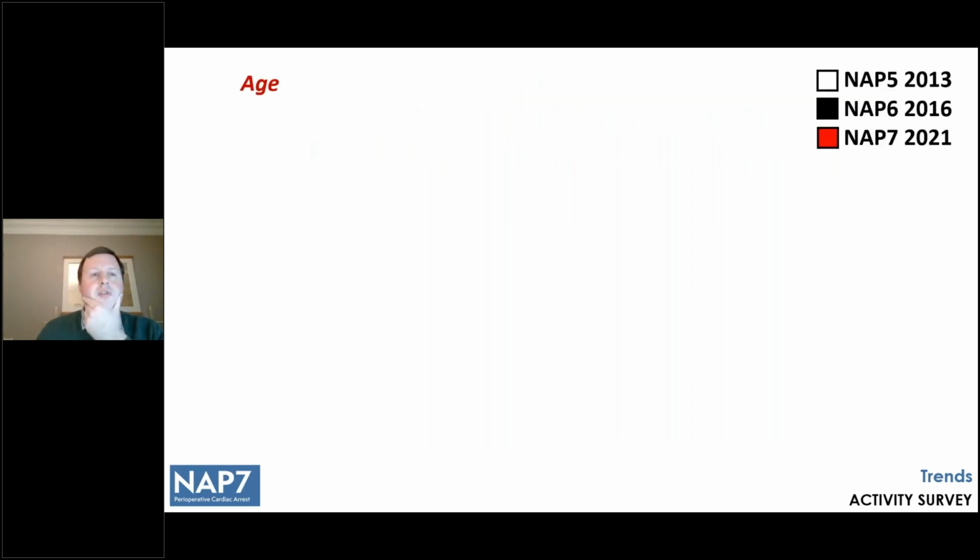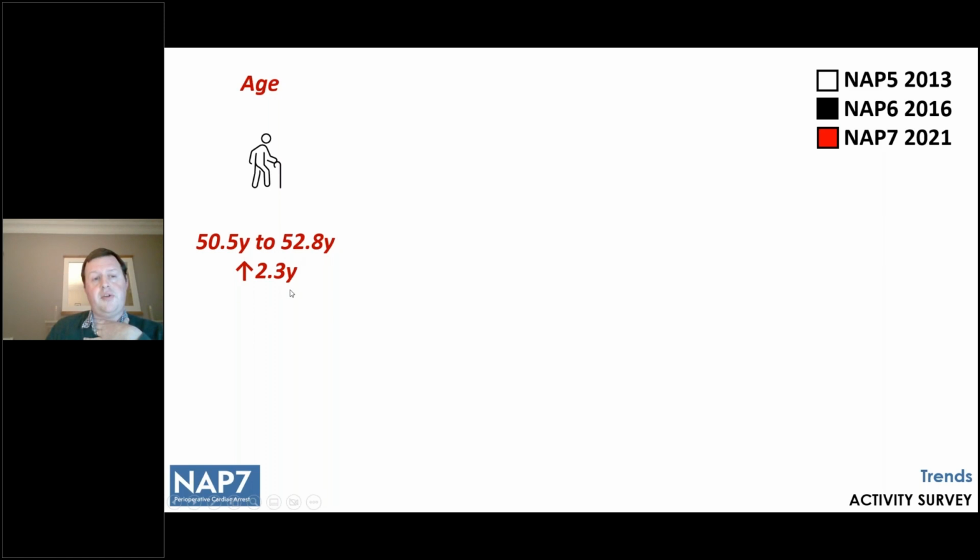So first of all, what we've seen, and we're able to compare between 2013, which is the NAP5 project, and 2021, where we did the NAP7 activity survey, we've seen a few quite impressive and concerning trends. First of all, the age of the surgical population, or patients that we look after, the median age has increased from 50.5 years to 52.8.